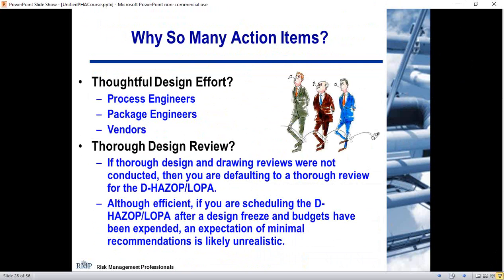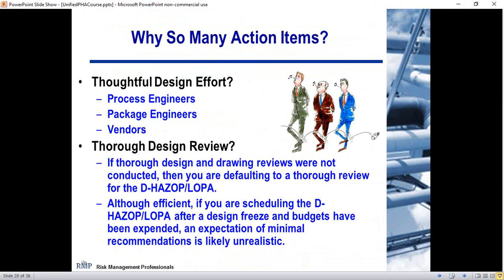Package engineers, vendors, we already talked about that. All those folks, in a lot of cases, had to say, we've reached a certain stage of completion without maybe thinking through all the angles or really being as complete as it should have been. So if you didn't do that complete job up front, then you're basically kicking the can down the road and defaulting the design review and all the details to your design HAZOP and LOPA.